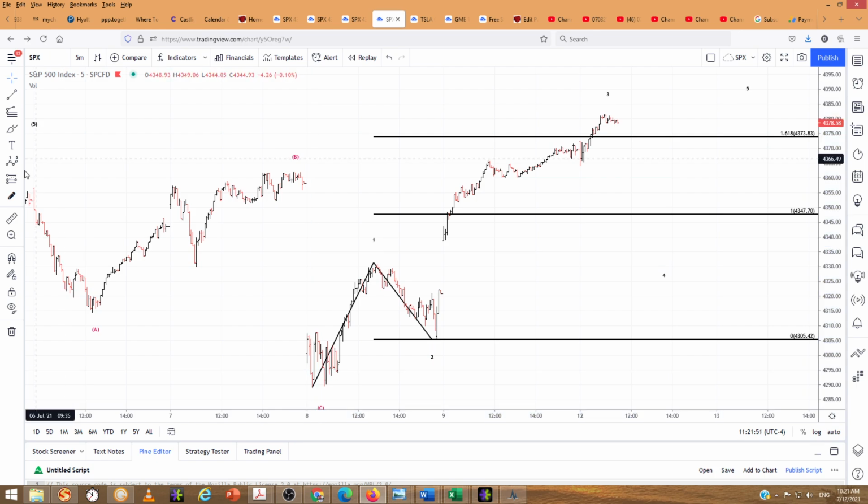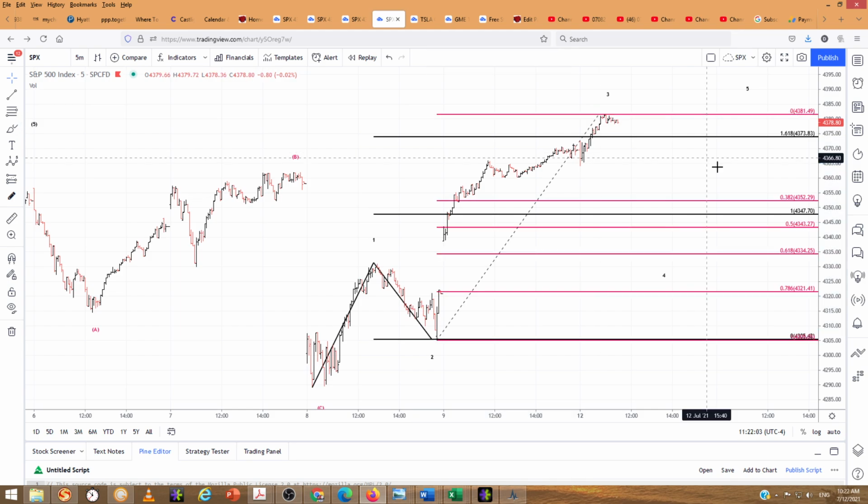Okay, if that is 3, and it still could go higher, but it just overshot the 1.618 by a little bit there. So in the near term, if we get a pullback here, we can look at the 382 is 43.52, the 50% is 43.43, and the 618 is 43.34, which wouldn't quite close the gap, but interestingly enough, a 786 Fibonacci retracement goes right where the gap was, okay?